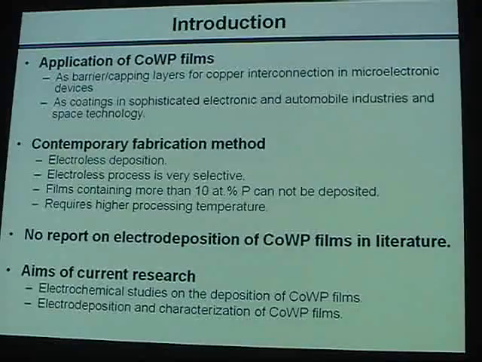First of all, it is very selective. Phosphorus plays a very important role in stopping grain boundary diffusion to protect copper, but a phosphorus content of more than 10% is not possible by electroless deposition. Also, electroless deposition needs higher temperature.